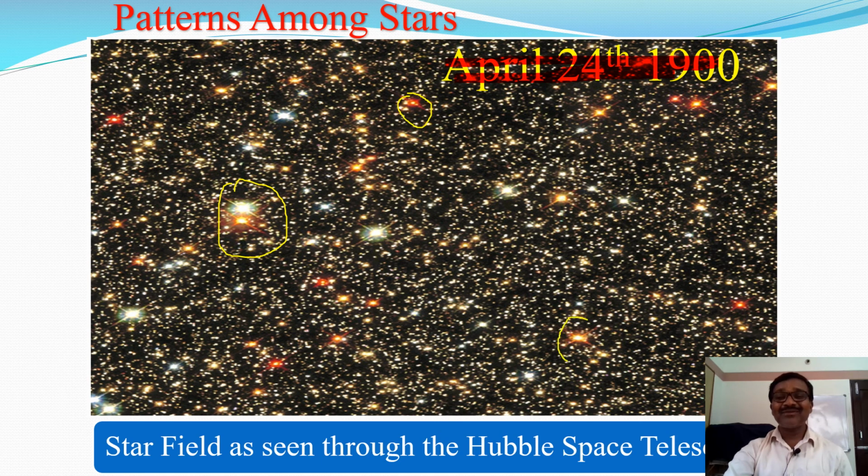Some are yellow, see this is one, and these are red. Why do the stars change in color? Today I am going to talk about what decides the colors, what decides the mass, what decides the temperature.